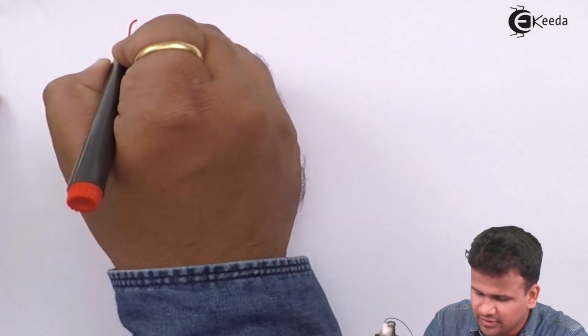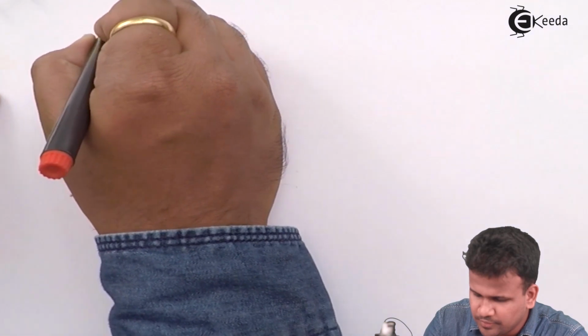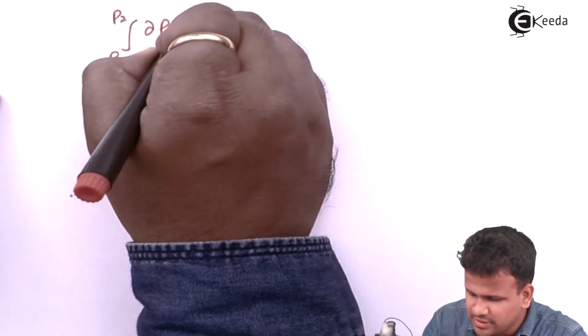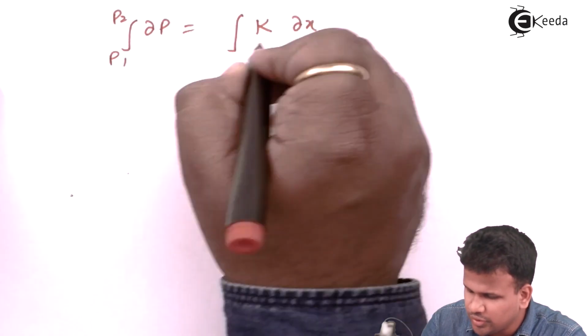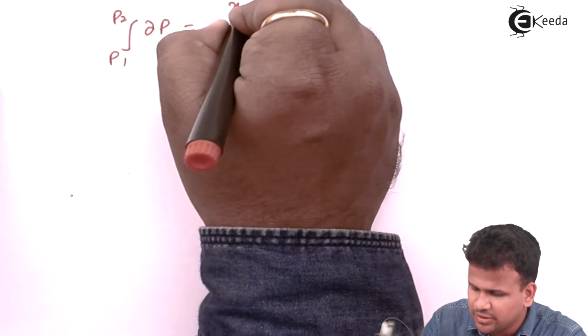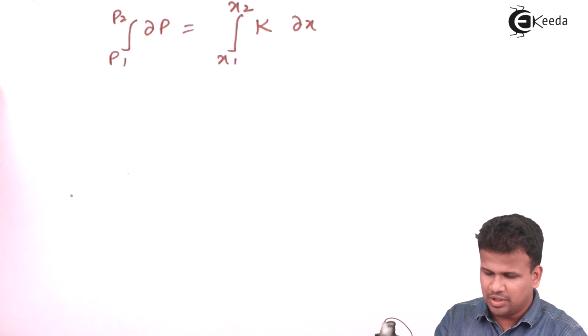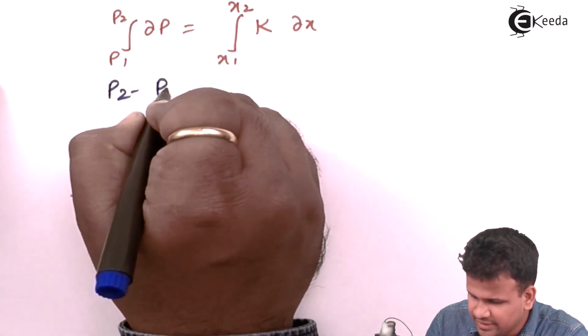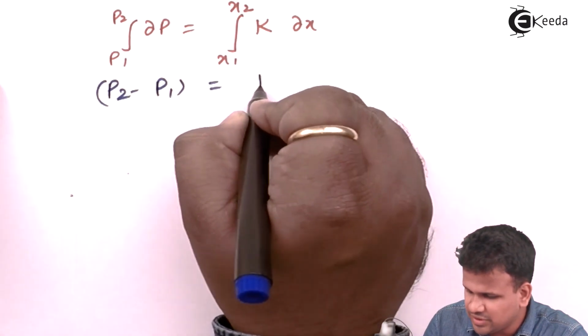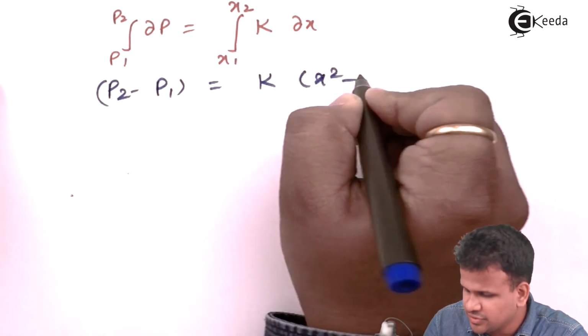That is the integral of p1 to p2 dou p is equal to the integral of k into dou x from x1 to x2. So when we integrate this, this is p2 minus p1, and this will be k times x2 minus x1.